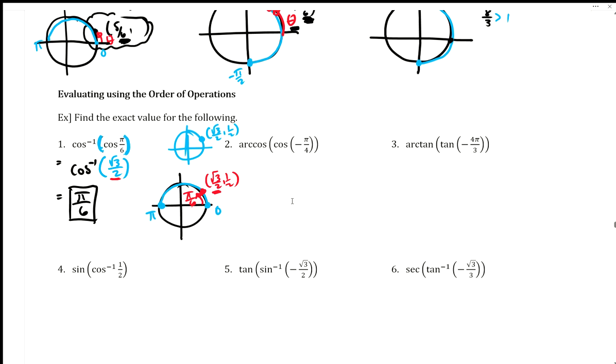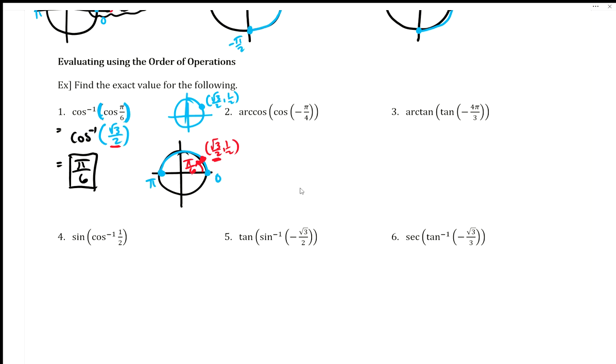Let's see what happens here. You might say, can I just do this right away on this problem? Well, let's find out. I'm going to scribble that out. So still break it down. The cosine of negative pi over 4 puts us down in quadrant 4, and that point is radical 2 over 2 and negative radical 2 over 2.